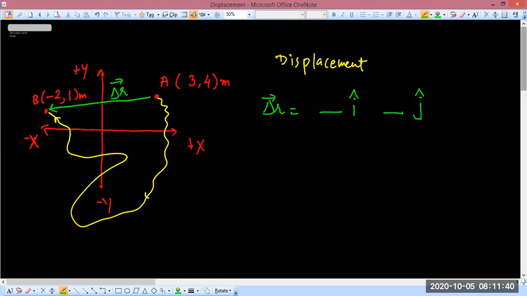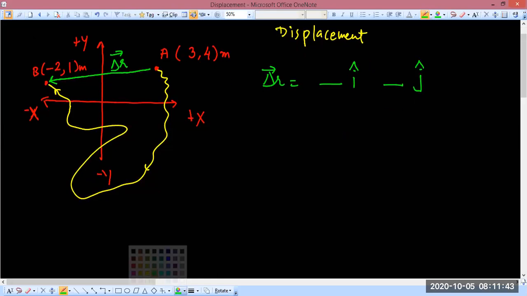To do that, remember this: you should draw the vector. Let's say this is that delta r vector. We should trap it compulsorily in a rectangle, like this.